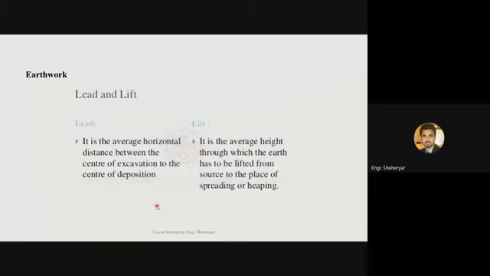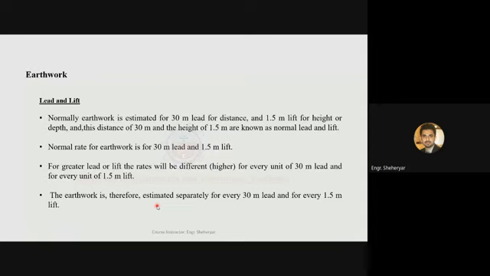Like you are excavating soil below the ground level and lifting it up to the ground level. So the vertical average distance between the point of excavation and the deposition is basically called lift. So when you are quoting a rate of excavation, it's for the normal lead and normal lift, and the normal lead is 30 meters, and the normal lift is 1.5 meters.